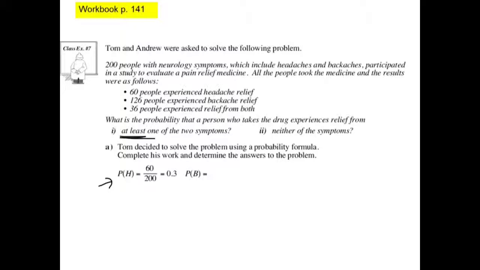The probability of relief from headaches was 60 out of 200, which is 0.3. The backaches, well, that's 126 people out of 200, and so that reduces down to 0.63. And then, of course, there's those who experience relief from both. Okay, so that's 36 out of 200, which is 0.18.